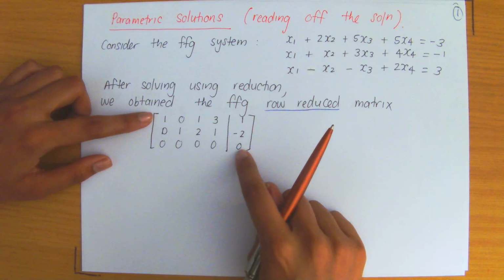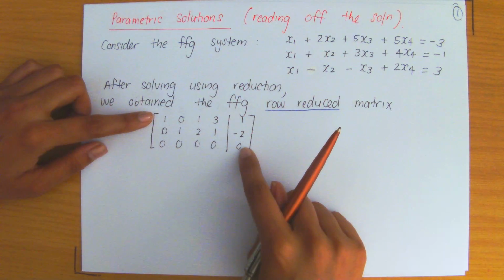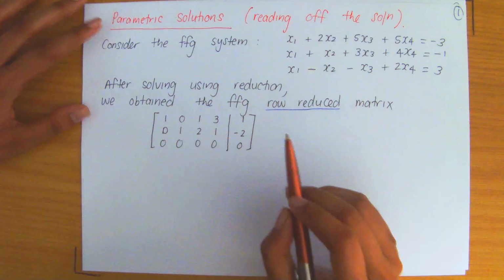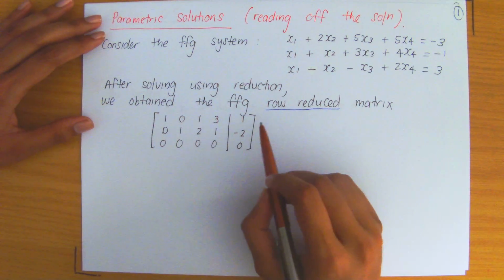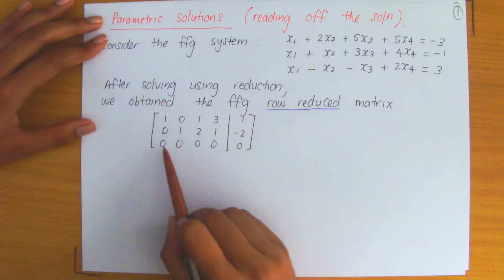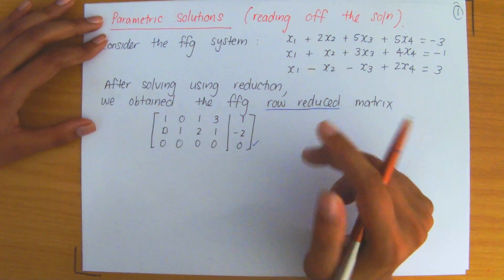So this would have been the matrix that you would have stopped at, because this is in row-reduced form. Let's double check. Does this satisfy the 3 conditions for a matrix to be in row-reduced form? All of the rows of zeros are indeed at the bottom, so that's been satisfied.